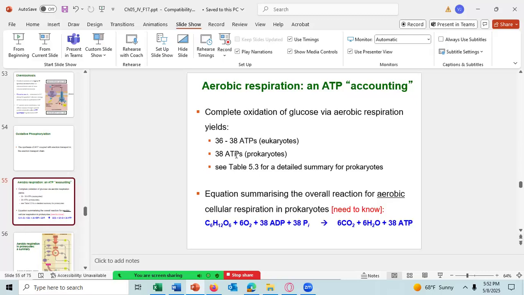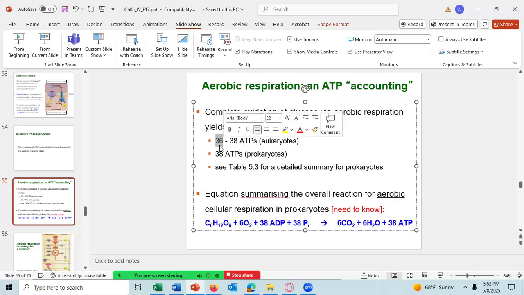They're a little more efficient. Now, coming up to the eukaryotes, most of the cells in your body can only generate 36 molecules of ATP per molecule of glucose. But your heart, your liver, and your kidneys are more efficient, and they can generate 38 ATP molecules per molecule of glucose.